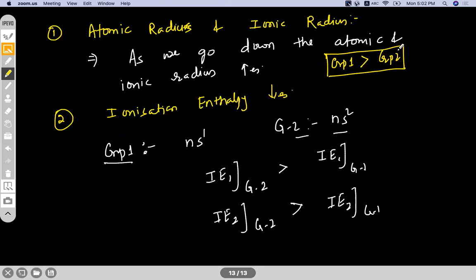So group 1 elements are relatively more in size in comparison to the corresponding elements of group 2. Got it? Okay, so these two properties we have.